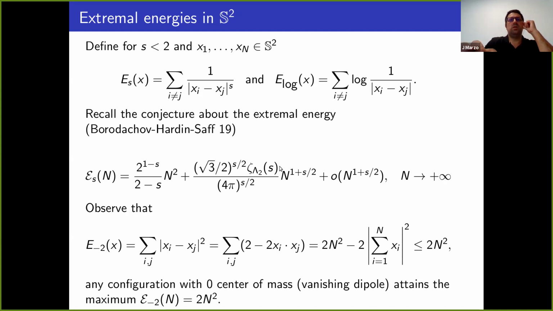So this value is negative, actually, in this power n to the 1 plus s over 2, okay? And then smaller order terms.